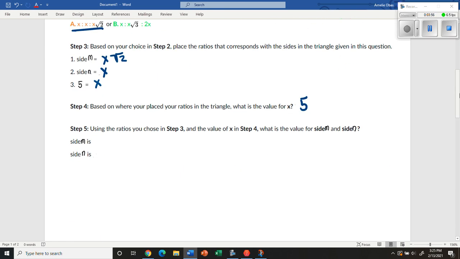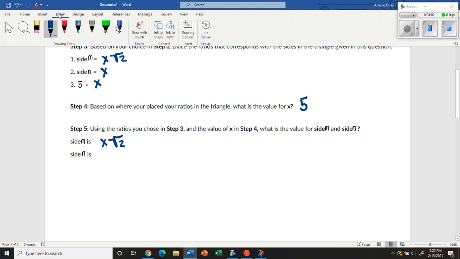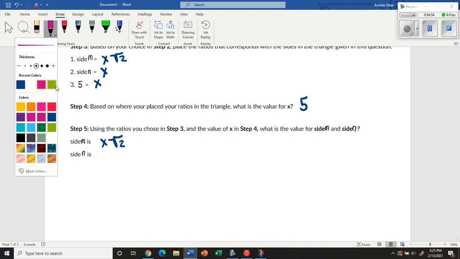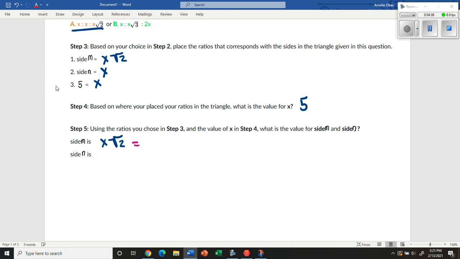So all we're going to do is plug in the 5 wherever there's x. And then we have our answer for side M, which is 5 square root of 2. Again, you're going to see multiple choices, and you choose the right answer that would fit that question.